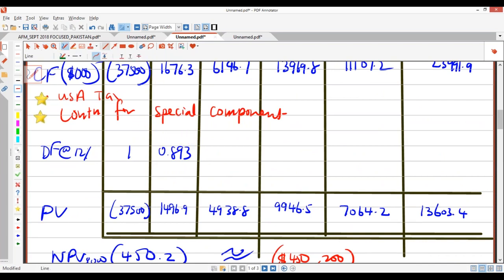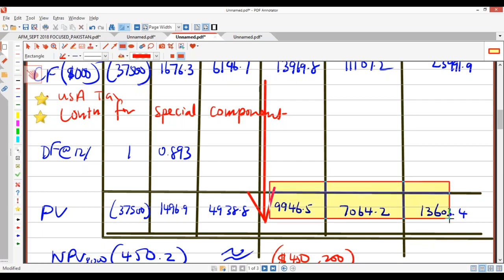PA simply means after you exercise. Remember these words. I'm stressing these words. After you exercise. Whatever cash flow that is coming in for a call or not coming in for a put.